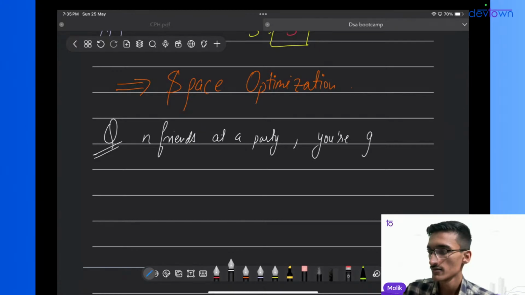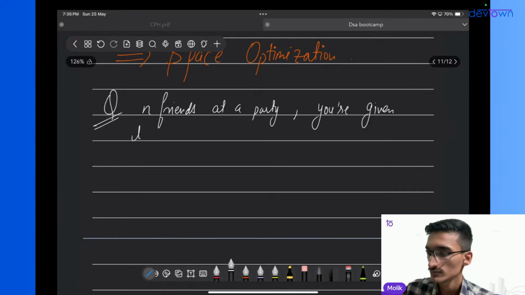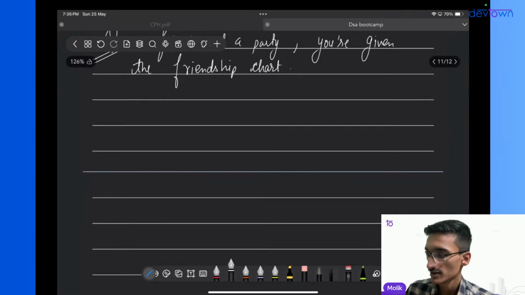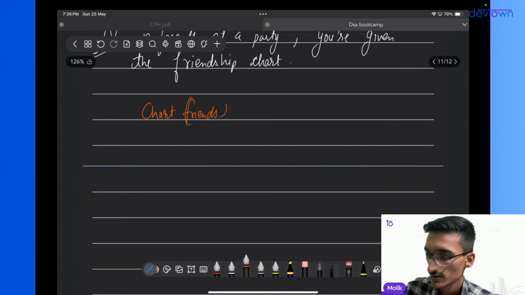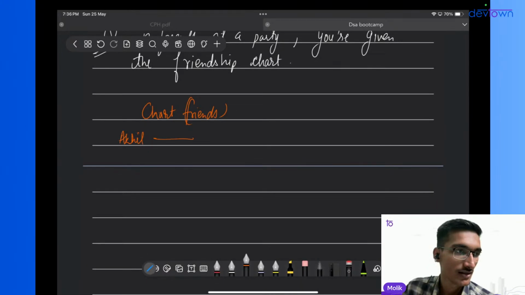You are given the friendship chart. So the friendship chart kind of looks like this: Akhil is friends with, let's say, Soham.